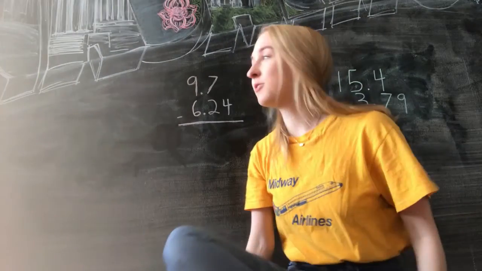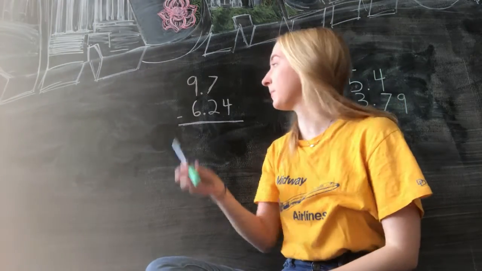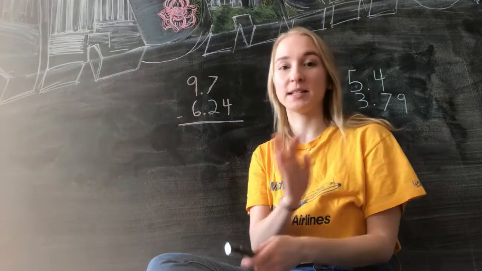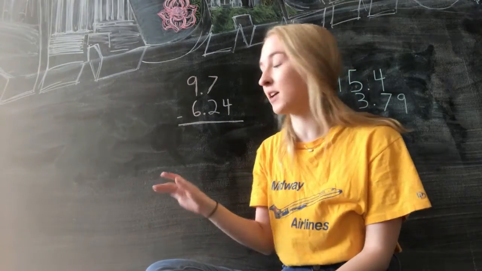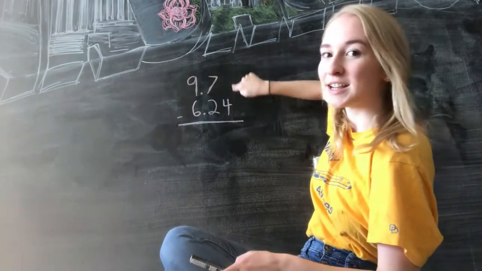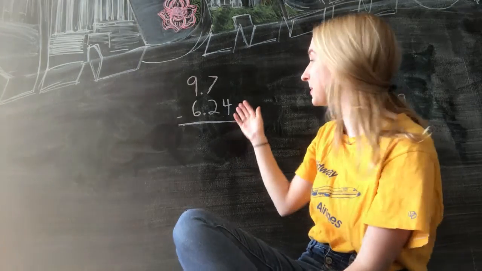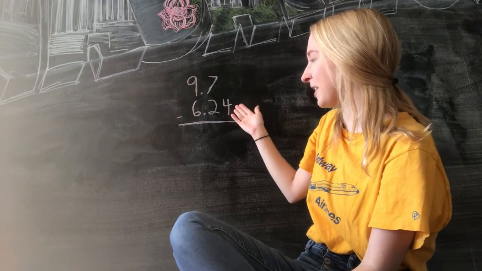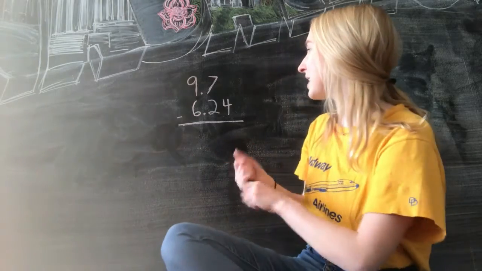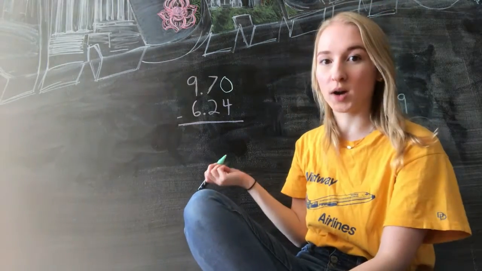Now if we move these same concepts over to a subtraction problem, that's what we're going to do over here. I already have my decimal points lined up, so that means that everything is in the correct place value. But if you notice, this 4 here doesn't have a partner, and that's really important in subtraction problems because I don't have anything to subtract this 4 from. That's why adding this 0 becomes super important.